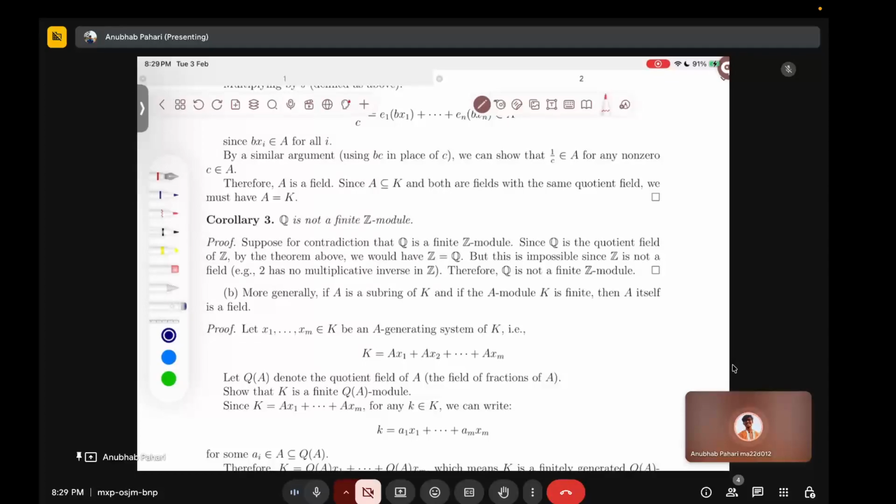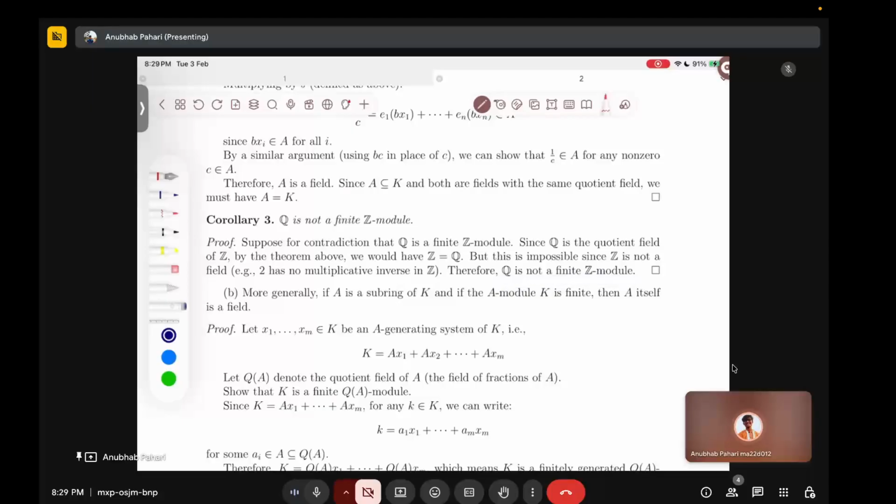I mean, this is a one liner, there is nothing to see. So if it was a finitely generated Z module, and Q is already the quotient field of Z, it would be something like Z equals Q, but this is not true, right? So therefore Q is not a finitely generated Z module.